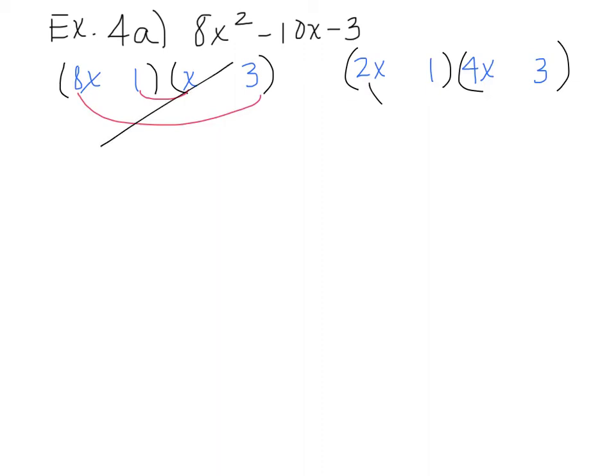Over here we would get a 6 and a 4. 6 and 4 could make negative 10, but since one of them has to be negative and one has to be positive, that's not going to work out.